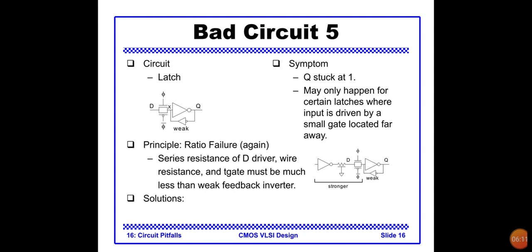The symptom: Q stuck at 1 may only happen for certain latches where the input is driven by a small gate located far away. The principle: ratio failure again. Series resistance of the D driver, wire resistance, and gate must be much less than the weak feedback inverter.